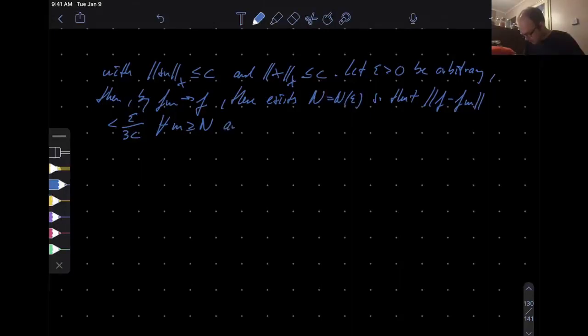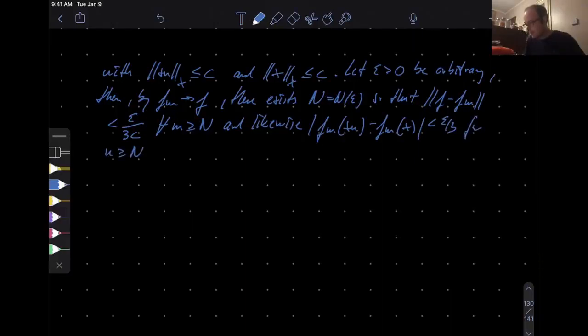Okay, and likewise, you can without loss of generality assume that the c is different from 0. If c is equal to 0, all the xn's are 0, and then there's nothing to show here. And likewise, because of the weak convergence on the dense subset, fm of x is also less than epsilon over 3 for n at least capital N.